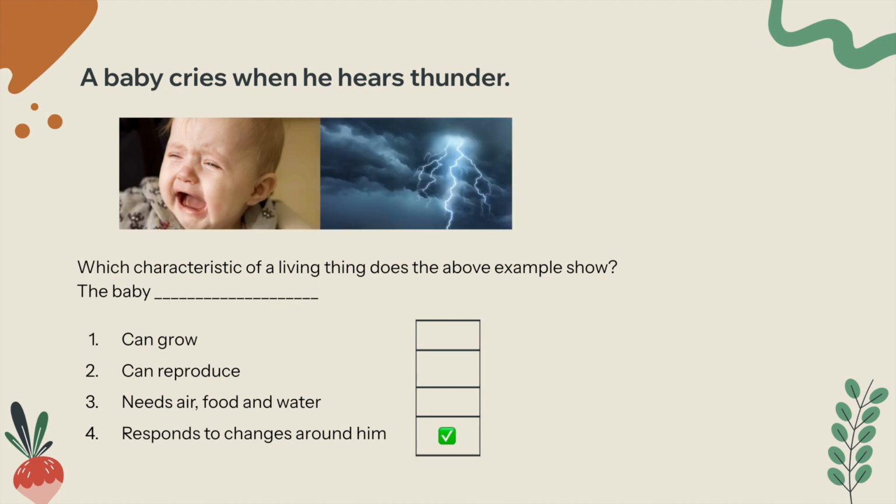The answer is option 4, responds to changes around him. Because the baby responds to the loud sound, so he cries.